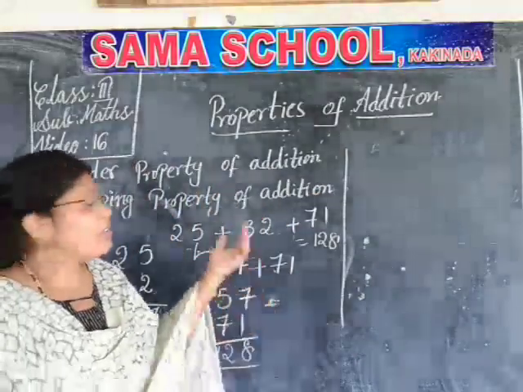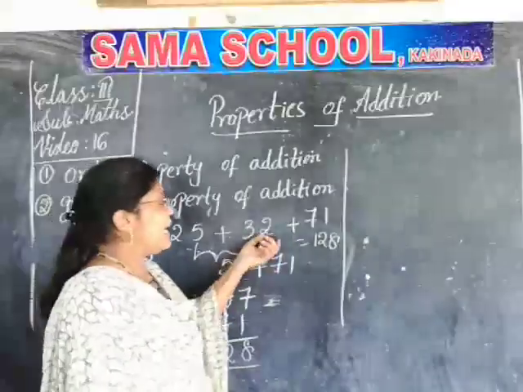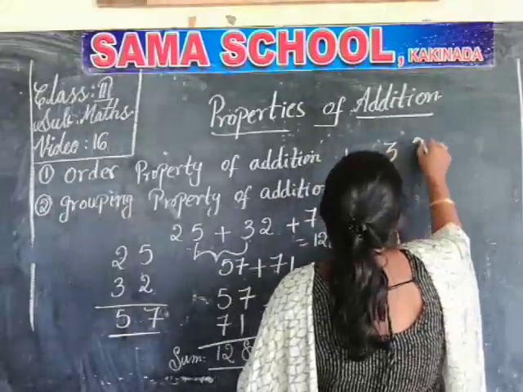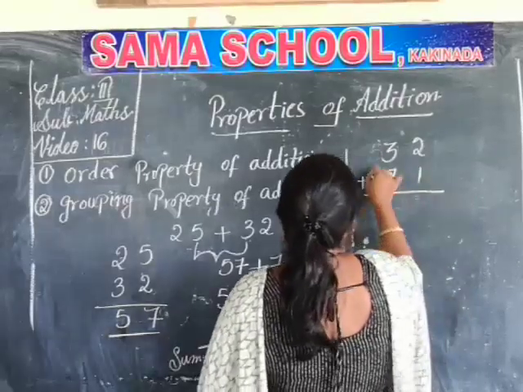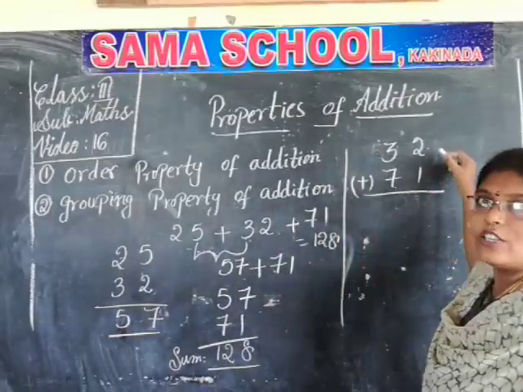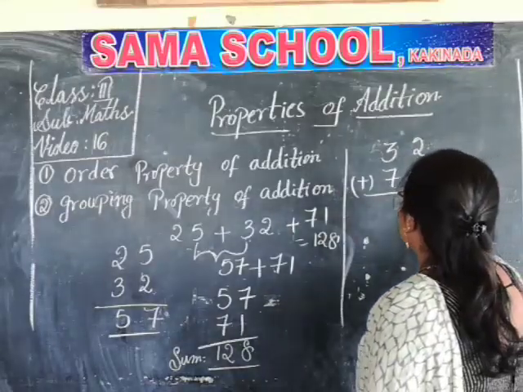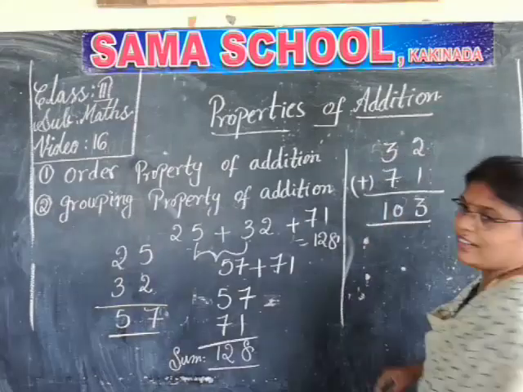Now, let us see what answer we'll get if we add these two numbers first, that is 32 and 71. If you add these two numbers, 32 and 71, what will we get? 2 plus 1 is 3 and 3 plus 7 is 10.